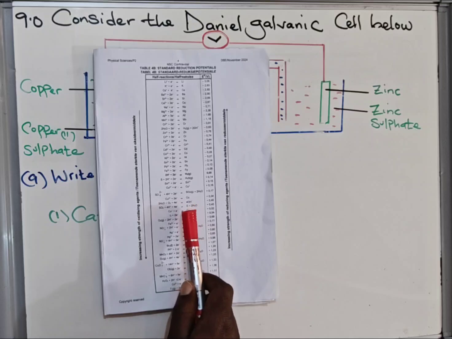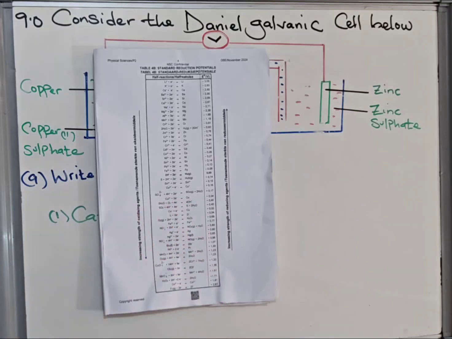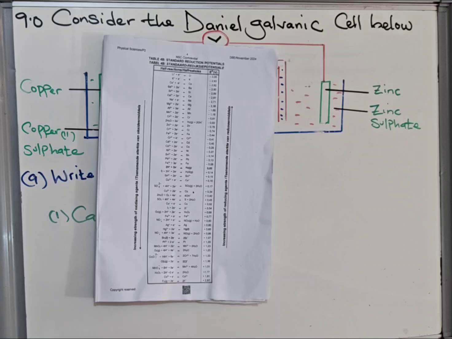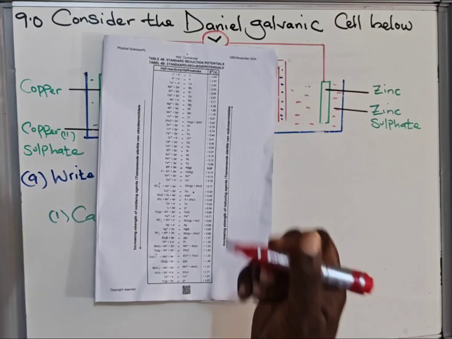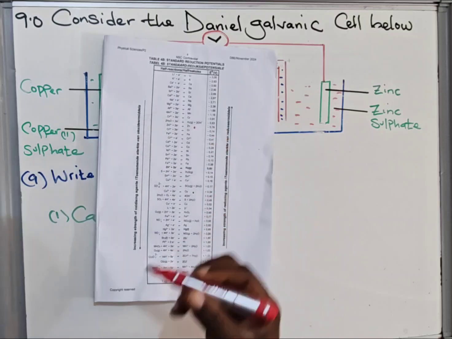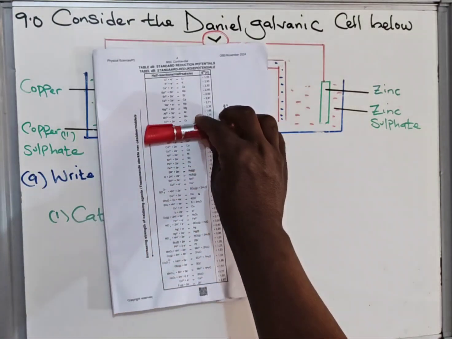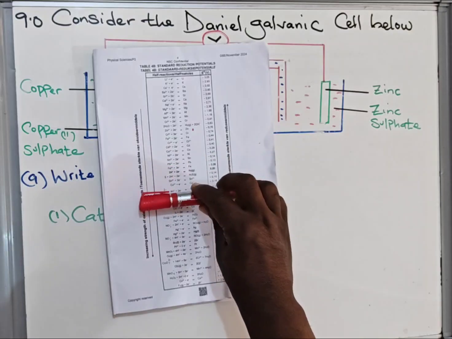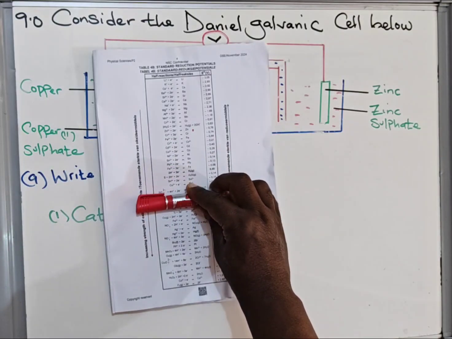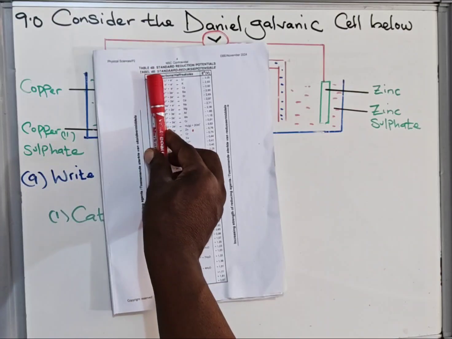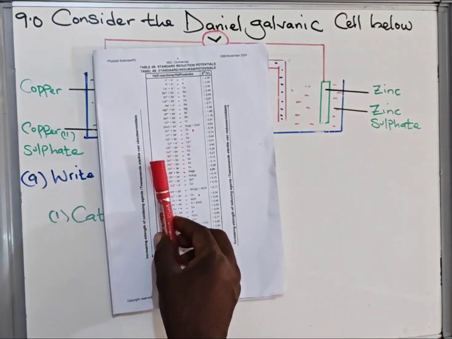The copper is here, and zinc is here. So what do we notice? Zinc comes before copper. In other words, zinc is a stronger reducing agent compared to copper.